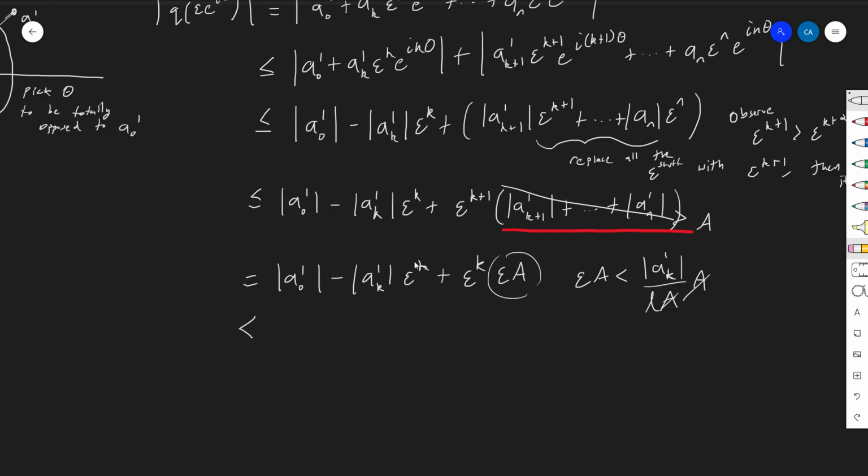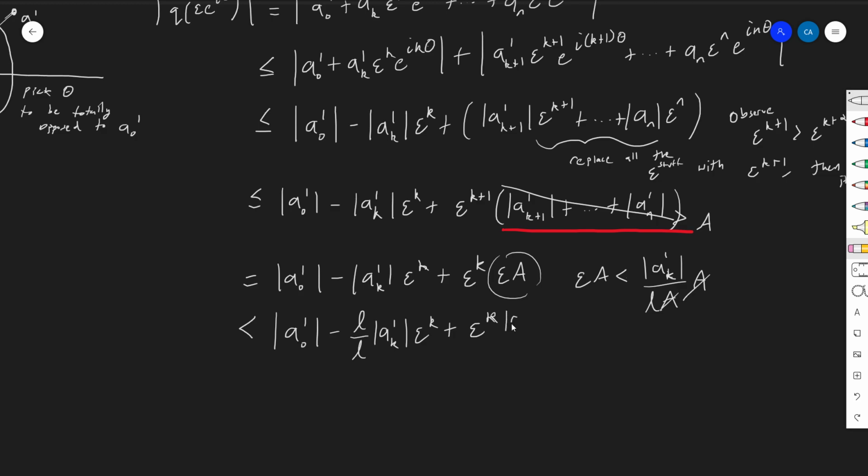And I'm also going to force the common denominator while I'm at it here. I'm going to say this is less than a0 prime minus, not just a sub k prime, I'm going to say L over L, a k prime, in preparation for the final hour. And then this is plus epsilon to the k, I still have one of those, times, what do I have left?